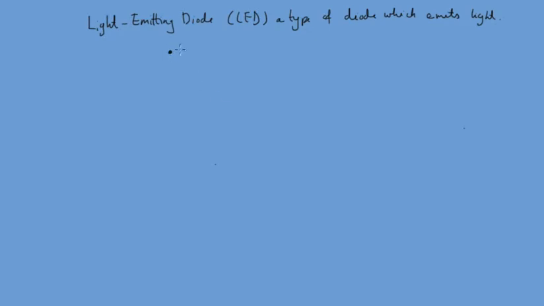Most widely, we use gallium arsenide, GaAs. If you look on the periodic table, that's a group 3 element combined with a group 5 element to make a 3,5 semiconductor.